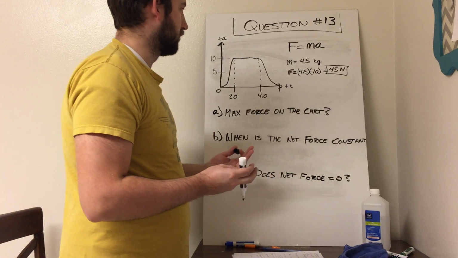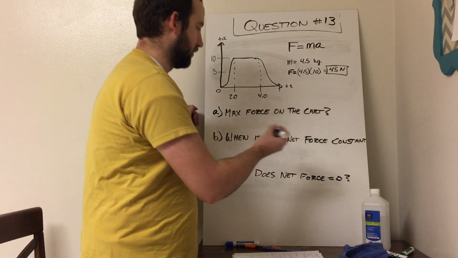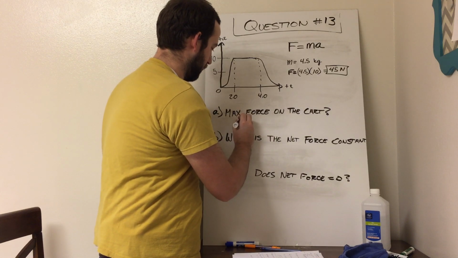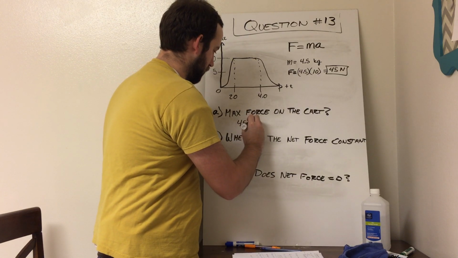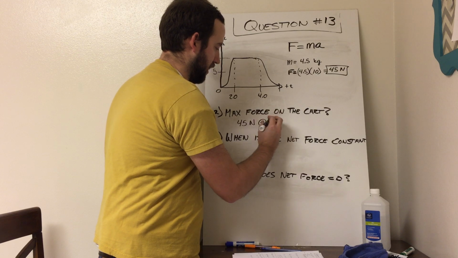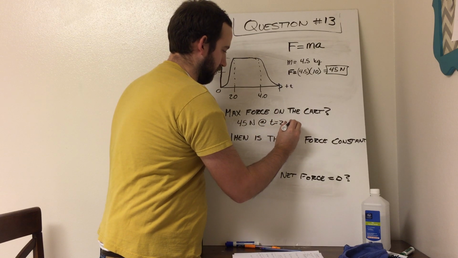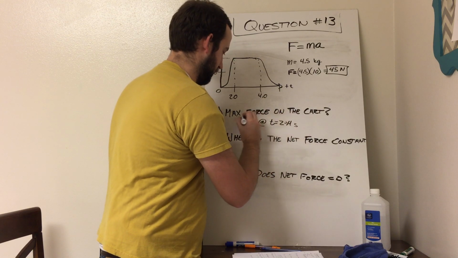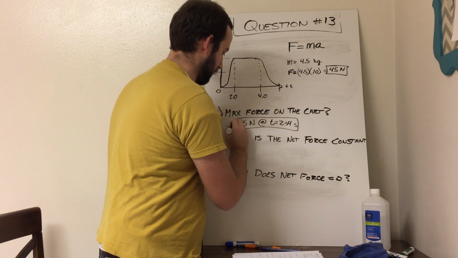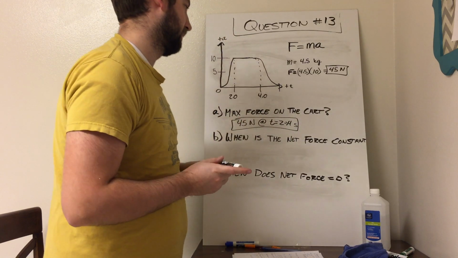So that's it for part A. We'll just write it down: 45 newtons at t equals 2 to 4 seconds.